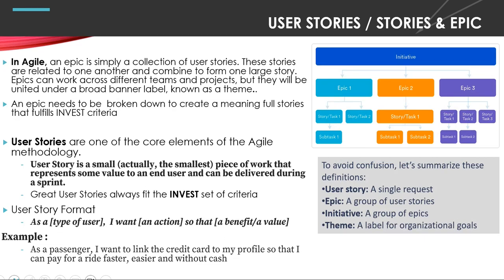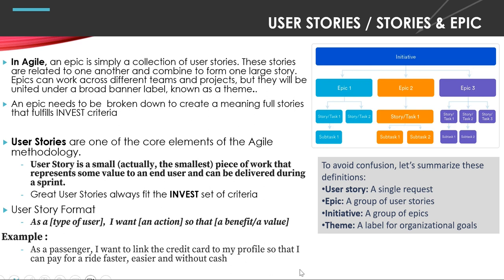Every product backlog should have product backlog items, which are generally either epics or user stories. In this slide, I am trying to explain the different hierarchical structure of your product backlog items.